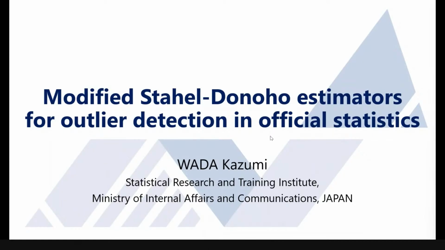Hello, my name is Wada Kazumi, working for the Statistical Research and Training Institute in Japan. Today, I'd like to talk about a multivariate outlier detection method named MSD. MSD is an abbreviation of the Modified Stahel-Donoho estimators.